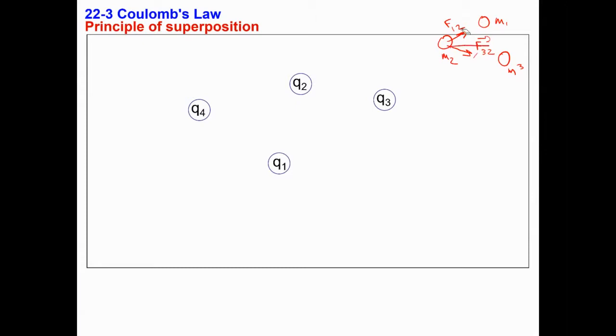Okay, so there is superposition for gravitational force, but also we have superposition for electrostatic force. So in this case, you have 4 charges, and we are interested in determining the total force on Q1. So what we can do, we can determine the force due to Q3, the force due to Q2, the force due to Q4, and we add them, vector addition. So let me do it. Let's assume Q2 and Q1 repel each other, so they have the same charges.